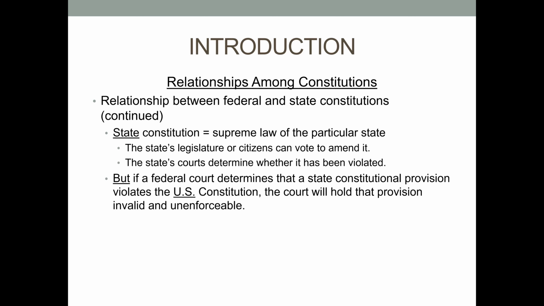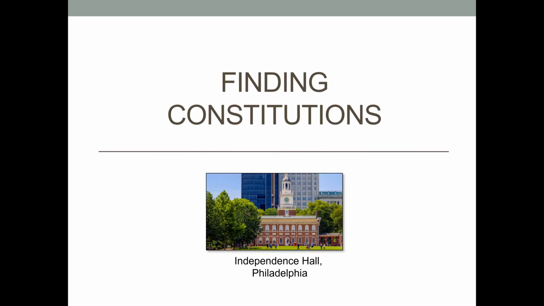But note that if a federal court determines that a state constitutional provision violates some provision of the United States or federal Constitution, then that court will hold that state constitutional provision invalid and unenforceable. Again, going back to the supreme law of the land status of the federal Constitution.